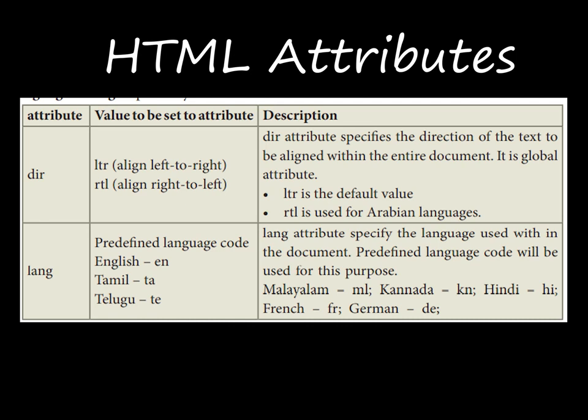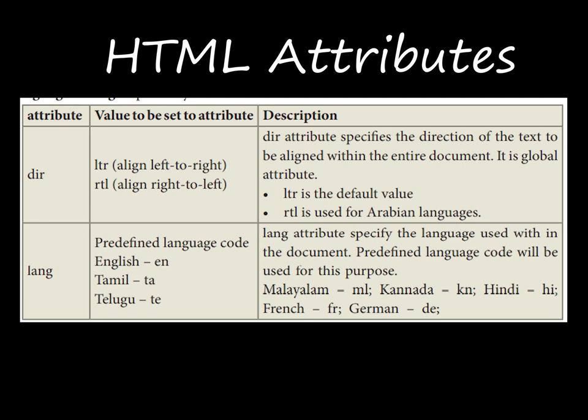This will only be used to let the browser and other programs know that this is an HTML document, right? This HTML tag will have two attributes, dir and lang, to specify the text direction and language setting respectively, right? So here the first attribute is dir.